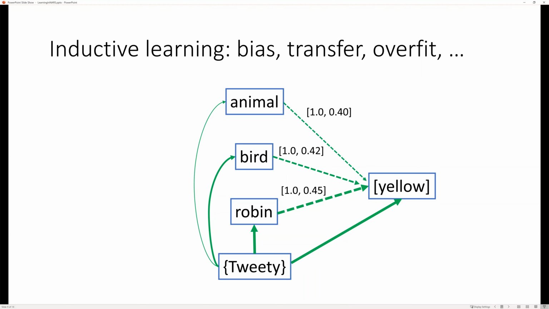You can actually derive the conclusion that birds are yellow and even animals are yellow, which may sound weird to us, but if you think about the logical relationship, they're equally valid. All three conclusions are valid. It's just that this one and this one are weaker and even weaker because you're generalizing further away from your observation.